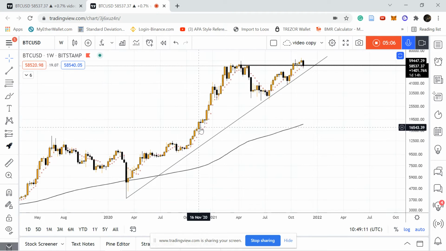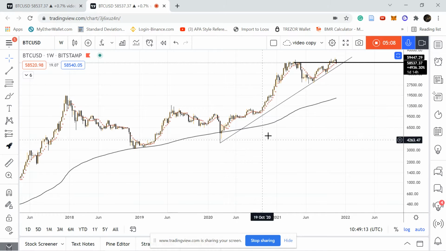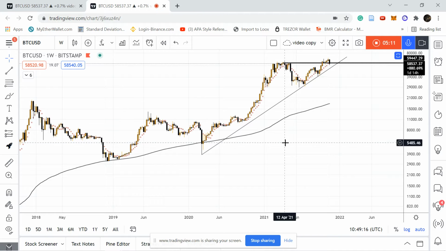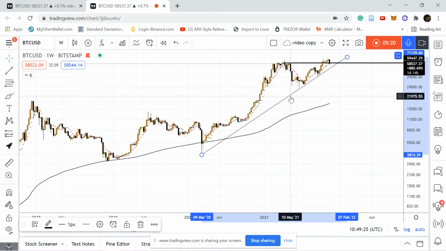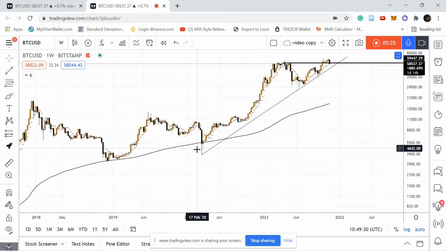Now, to understand where Bitcoin is moving with Elliott wave theory, we can create channels using the Elliott wave principle. We create the channel by connecting the bottom of wave 2 and the bottom of wave 4 together, and then a parallel line, a channel touching the top of wave 3.